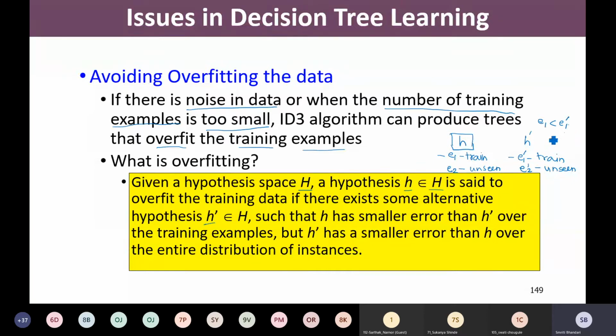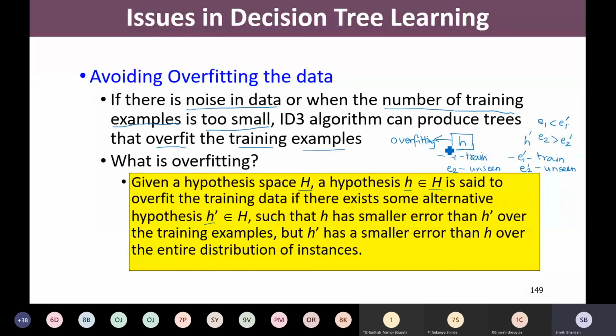But in general, if we generalize with both H and H dash, then this error E2 is greater than E2 dash. If this is the case, then we say that H is overfitting. So it works well for training data, but it will not work well for generalized data. That is what we mean by overfitting.